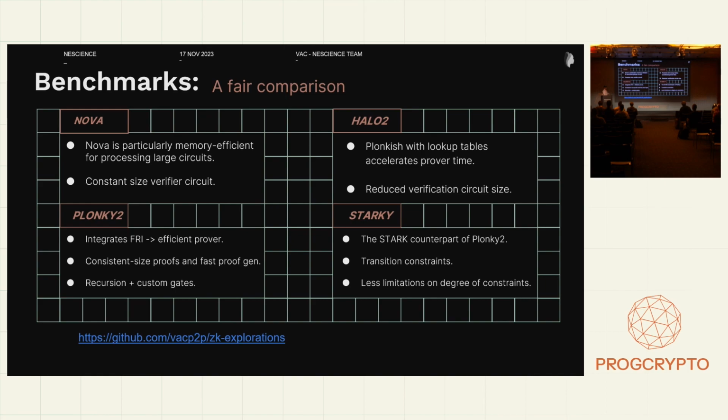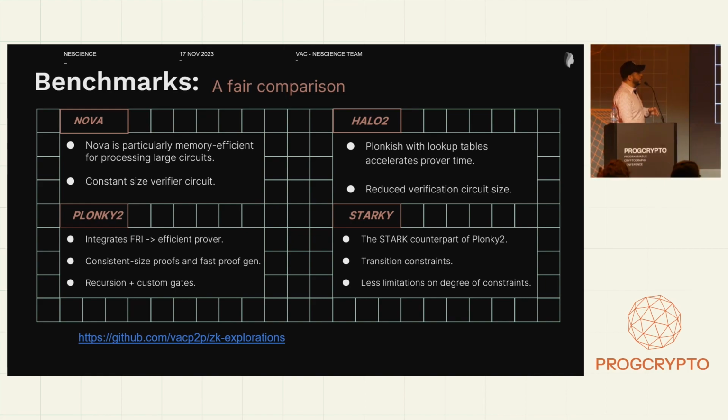What we are doing now is trying to do a fair comparison. There are a lot of benchmarks that have been done with Nova and Halo 2, but none of them consider the recursive hash functions.